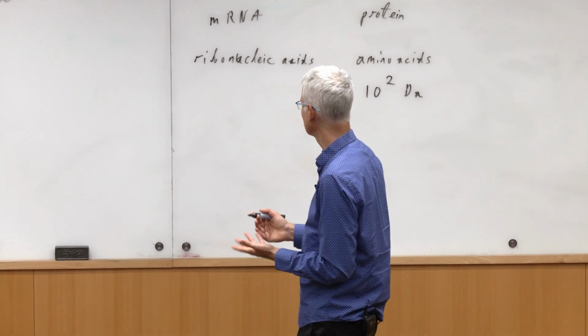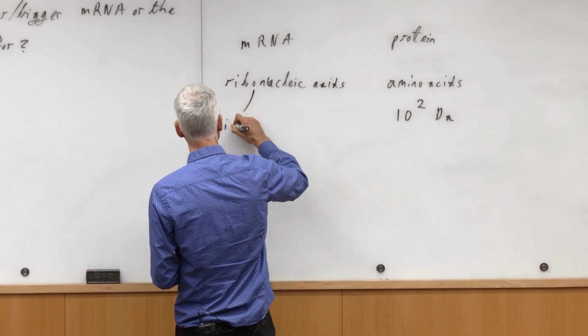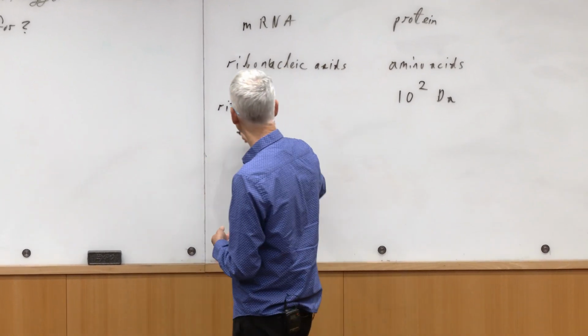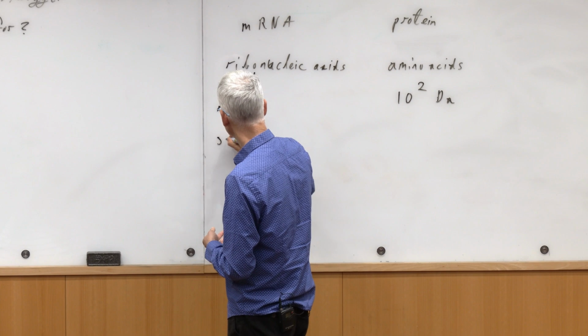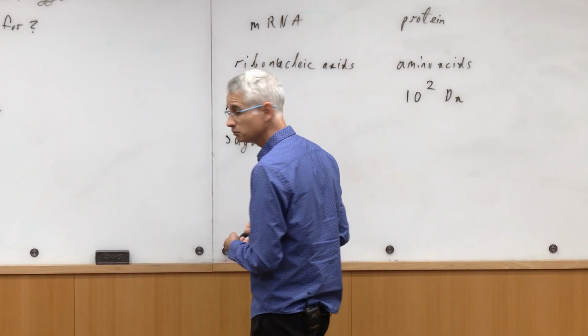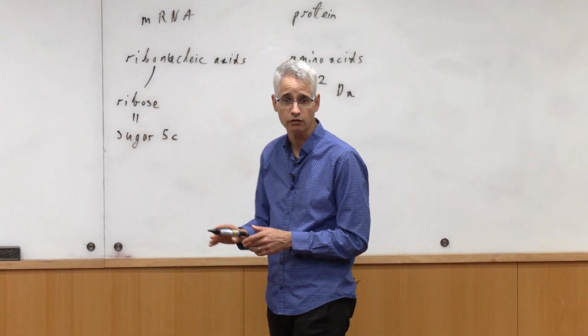So looking at the name helps. So we have this thing, which is ribose, which is a sugar with 5 carbons. Okay, that's already a lot to know. We could talk about it in a minute. What else do we have here?